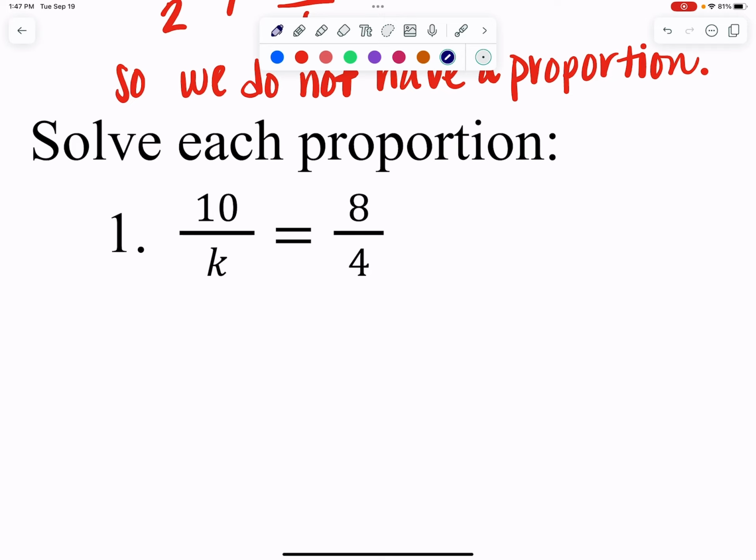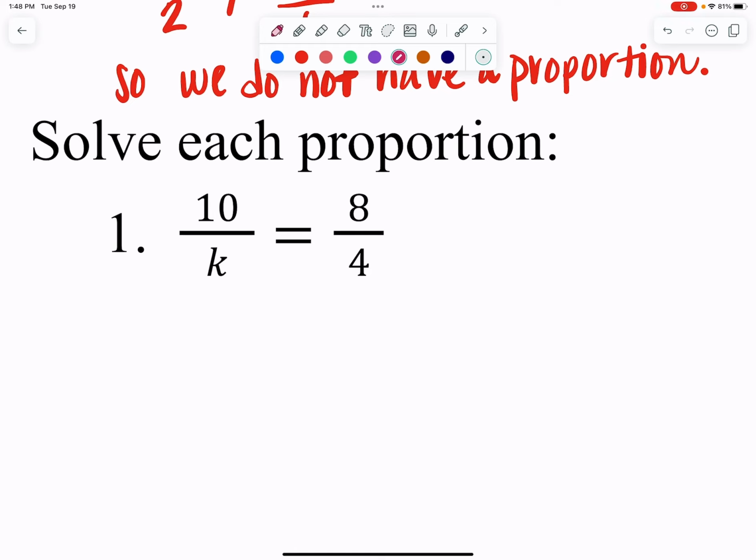I'm going to use the exact same idea with the cross multiplying. I want 10/k to be equal to 8/4, and my job as a math person is to find the one value in the entire mathematical universe that makes that true.